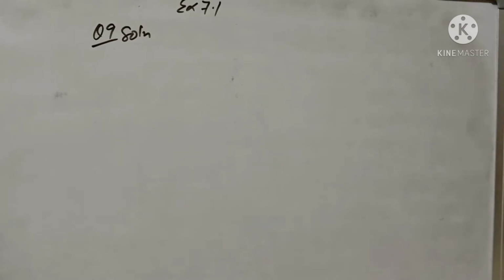Question number 9, number 1. If A ratio B is 2:3, B ratio C equal to 4:5, C ratio D is equal to 6:7, find A:D. First of all, you write down the question and then the solution.